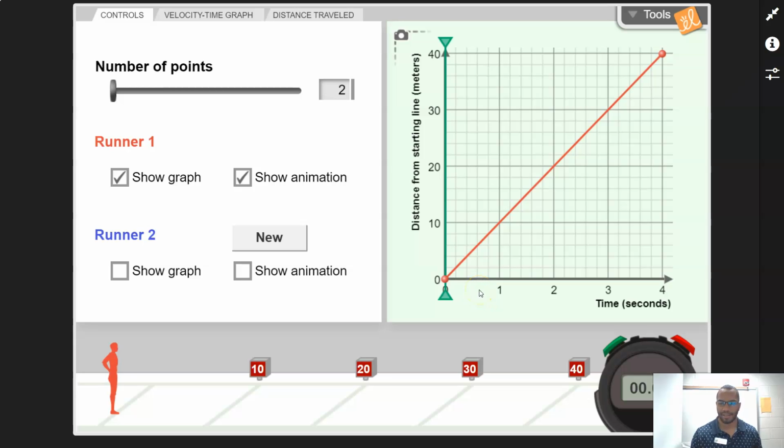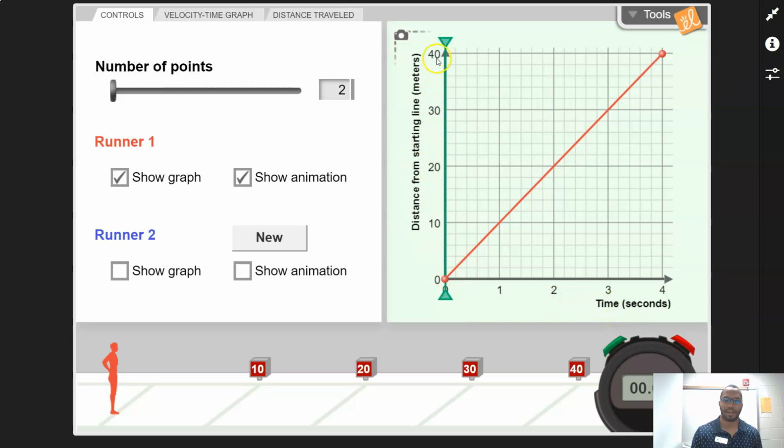And when we're talking about experiments, the x-axis is your independent variable. This is where the independent variable information goes. When we're talking about physics concepts, how things move, the x-axis is typically time. So the time is going to be at the bottom. Notice the x-axis is labeled time.